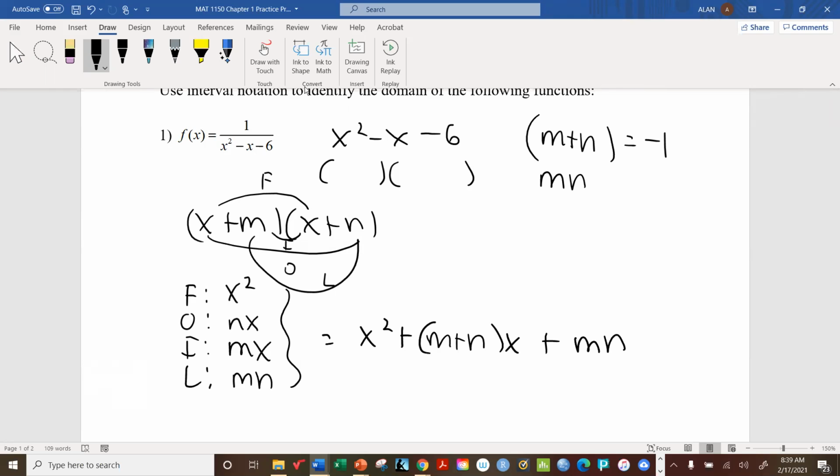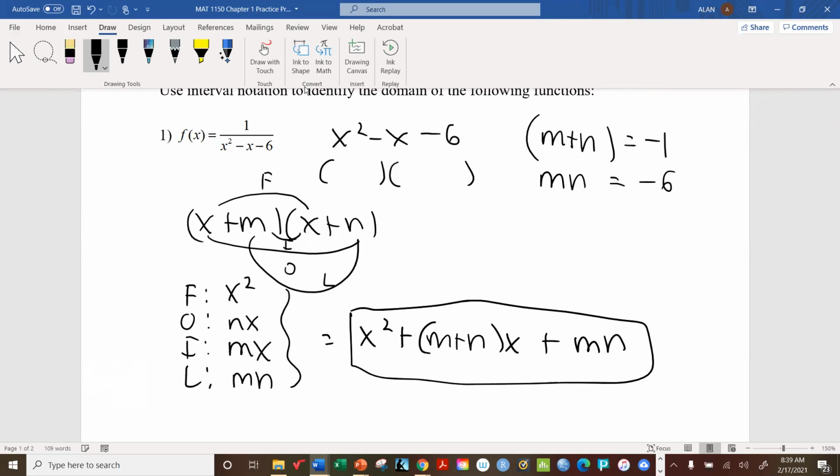Yeah, there's so many different ways of doing this. The way I like to look at it is this. We start out by noting that we multiply these two terms together with FOIL. This is the final result. So based on this expression up here, this m plus n is -1 because that's the coefficient of x.